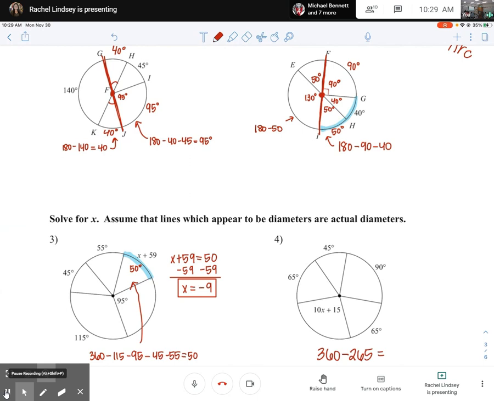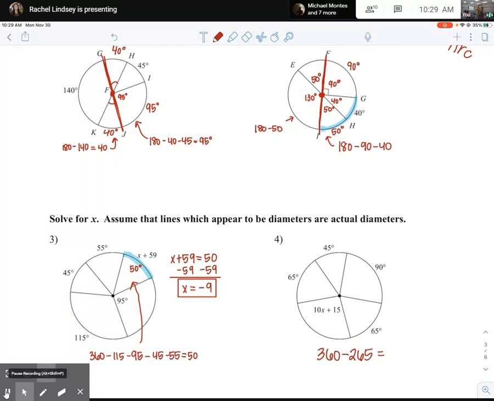360 minus all 4 arcs. And what's 360 minus 265? 95.